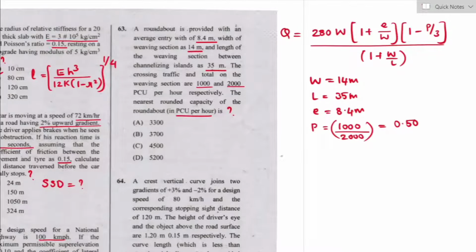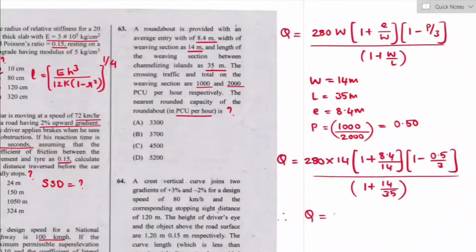On substituting these values, the capacity of the rotary or roundabout will be 3733.33 PCU per hour, which is equal to 3700 PCU per hour. So the right answer will be option B.